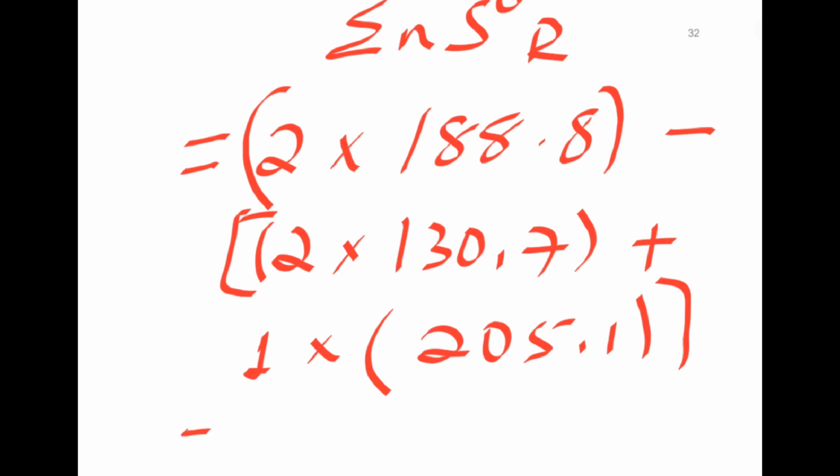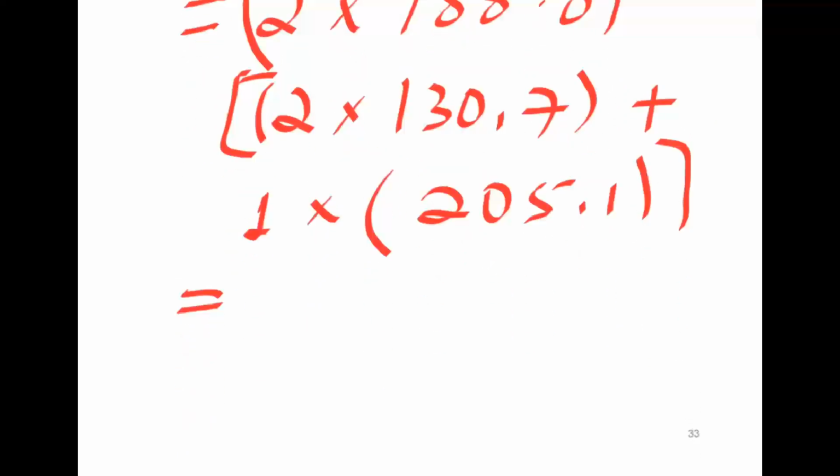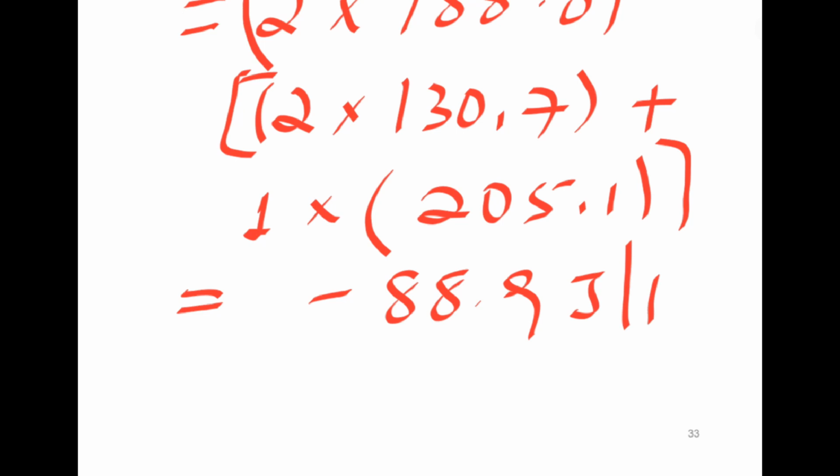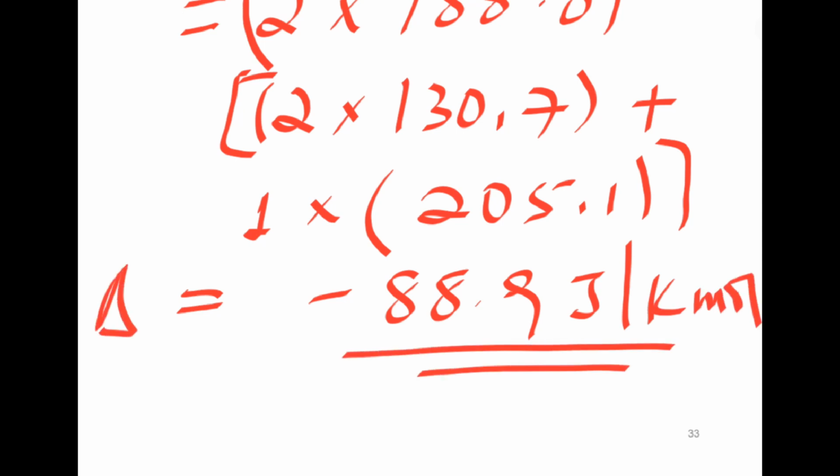So solving this, negative 88.9 joule per Kelvin per mole is the entropy of the reaction. So this is how you calculate.